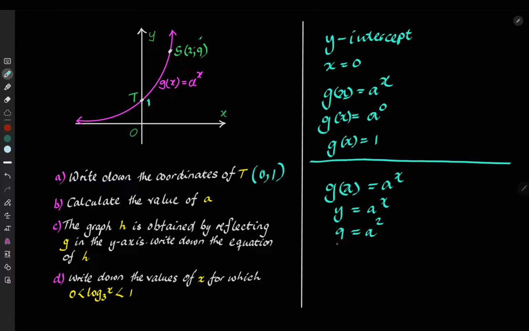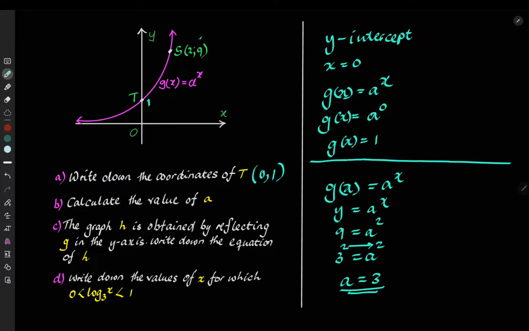So now we just have to make either the bases the same or the powers the same to solve exponential equations. In this case, that becomes 3 squared is equal to a to the power of 2. So the powers are the same, which means a is equal to 3. We just drop the powers. It is the same when you're solving for a power: if the bases are the same, you can drop the bases and be left with the powers as well. Right, this is how you solve that.